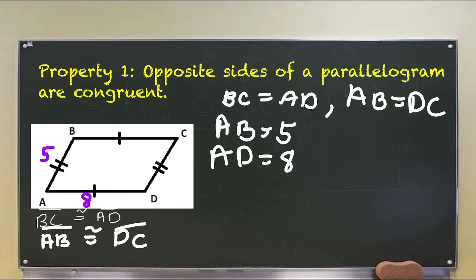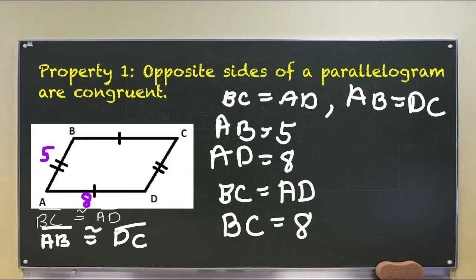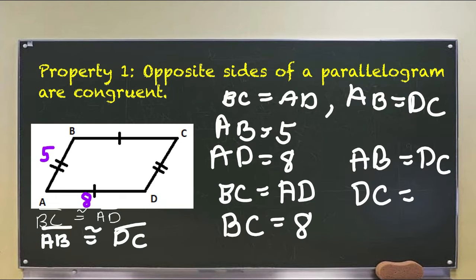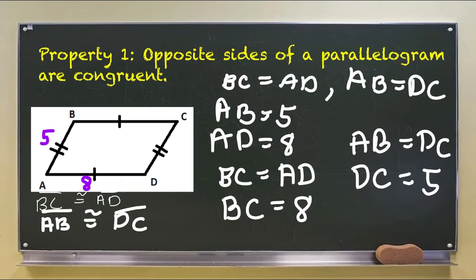So, alam natin na ang BC ay equal sa AD. Therefore, ang BC ay 8. Also, we know that AB is equal to DC. So, alam natin na ang DC ngayon ay, of course, it is 5. Property 1, opposite sides of a parallelogram are congruent. Handa na ba sa susunod na property? Let's go!